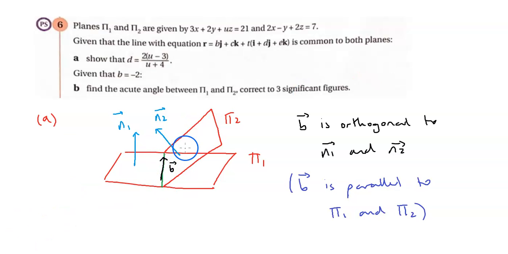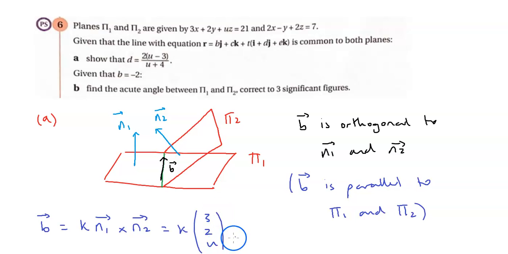And now we know that B must be some multiple of the cross product of n1 and n2. So k times n1 cross n2. Now n1 is the vector (3, 2, u), and n2 is the vector (2, -1, 2).